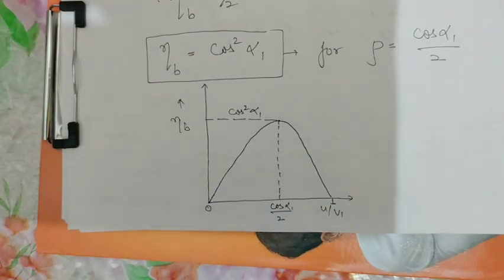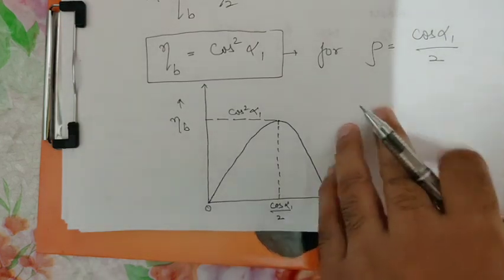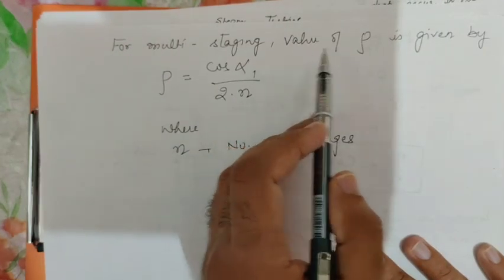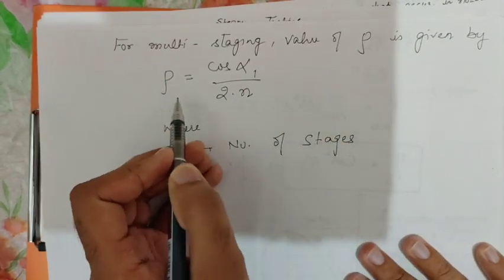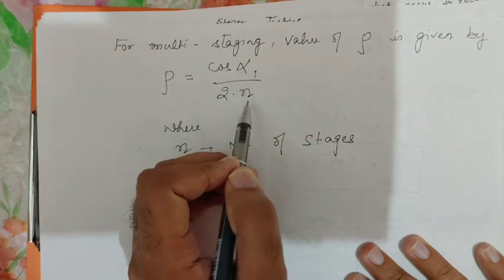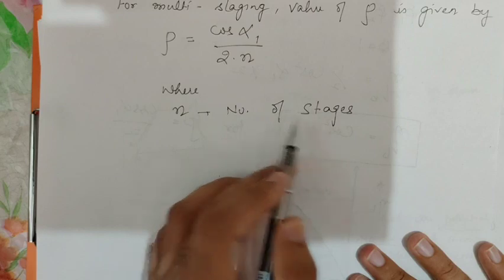Now this is for the single stage impulse turbine. Now if we consider multi-staging, what is the change? In multi-staging, the value of rho is given as rho equals cos alpha 1 by 2 into n, where n is the number of stages.